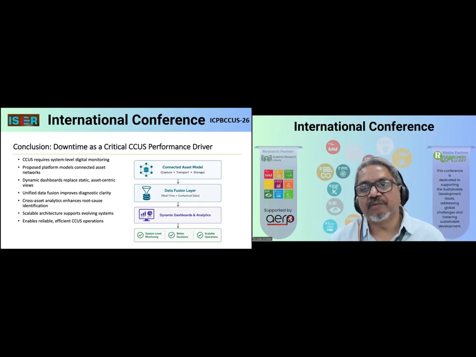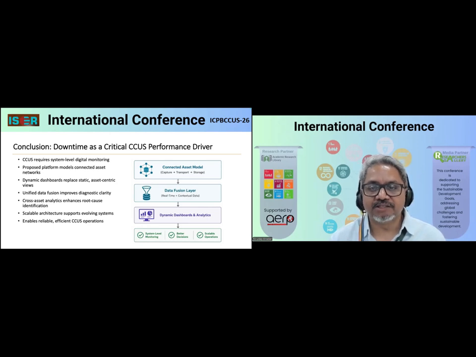We spoke about dynamic dashboards generated from this model. We also spoke about data fusion. By integrating real-time and periodic data, the platform improves the overall capability of analytics, as well as prevents misinterpretation. And cross-asset analytics further enhances root cause identification across the entire value chain.